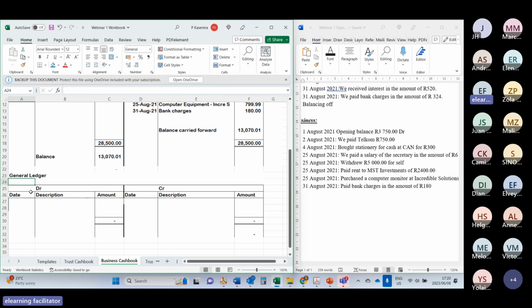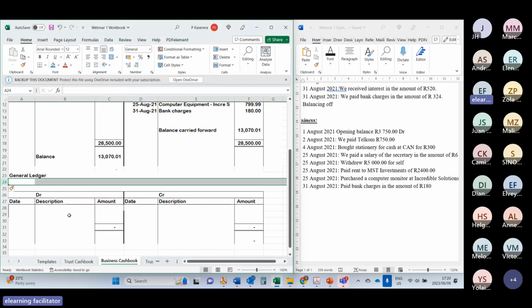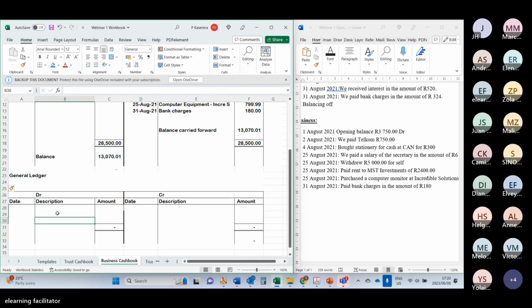Besides the general ledger, on the business side we've got a debtors ledger, the business debtors ledger. The business debtors ledger records our clients, or in legal terminology, they call it a matters ledger, the business matters ledger. So it records all the transactions that have to do with our matters.